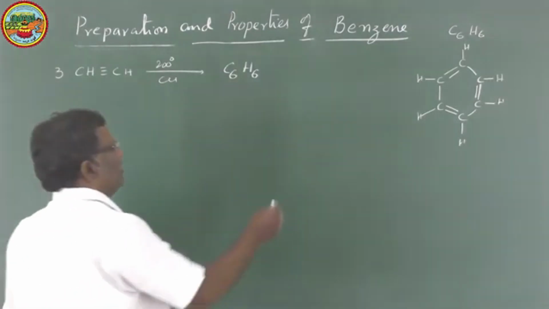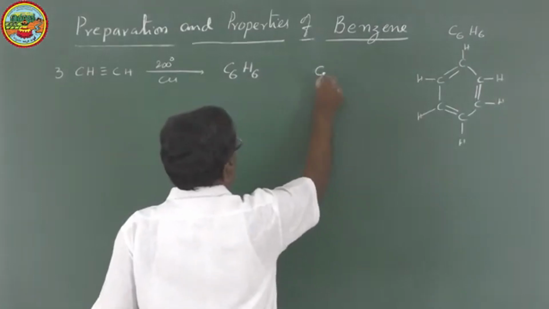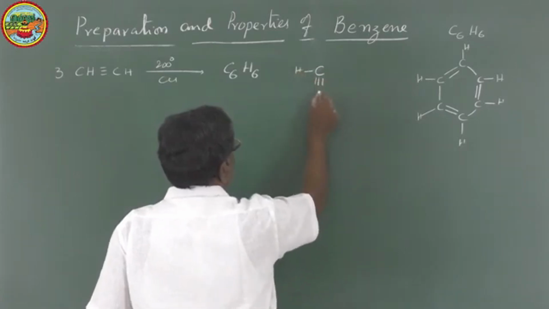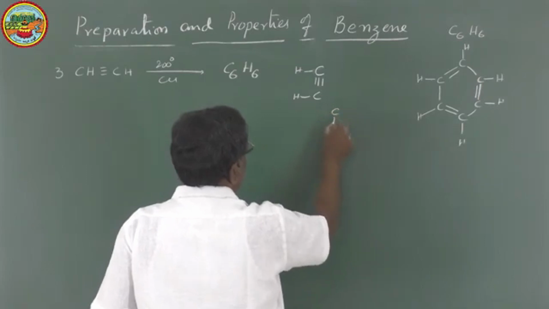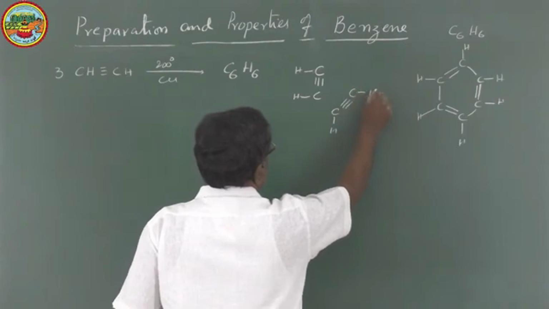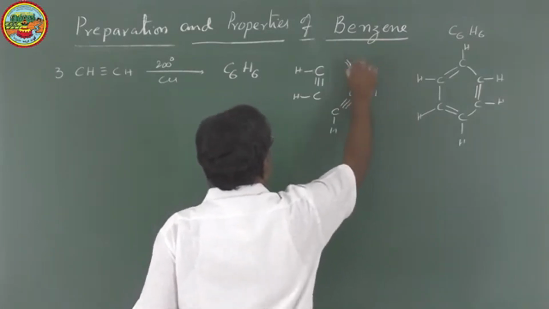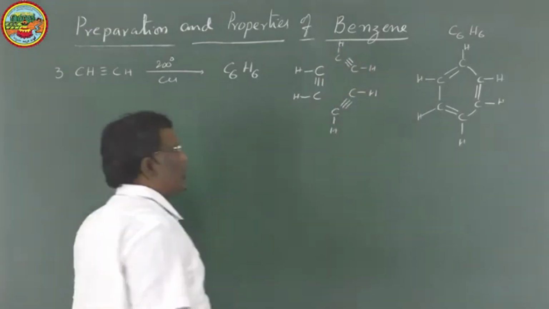In the polymerization process, this is one acetylene molecule with a triple bond, CH. This is another acetylene molecule with a triple bond, CH. This is the third acetylene molecule with a triple bond, CH. These are the 3 acetylene molecules.